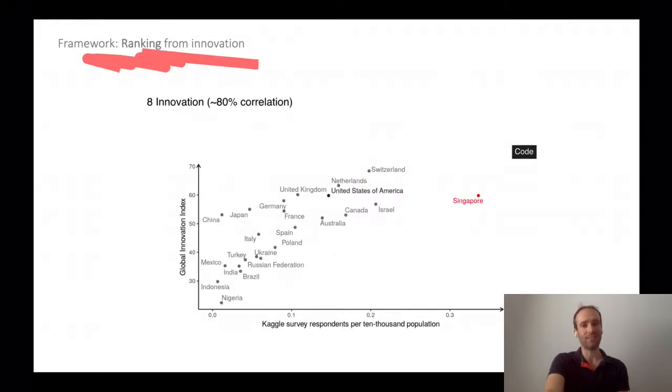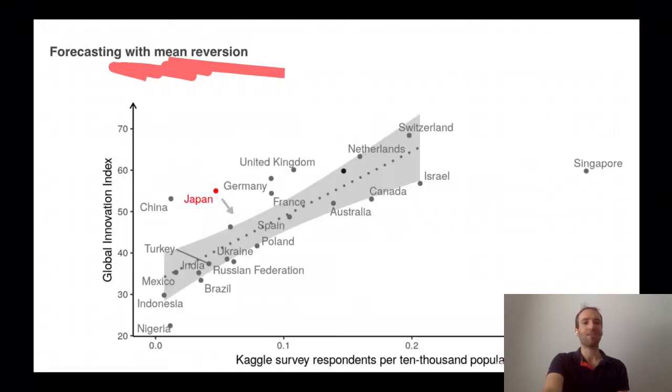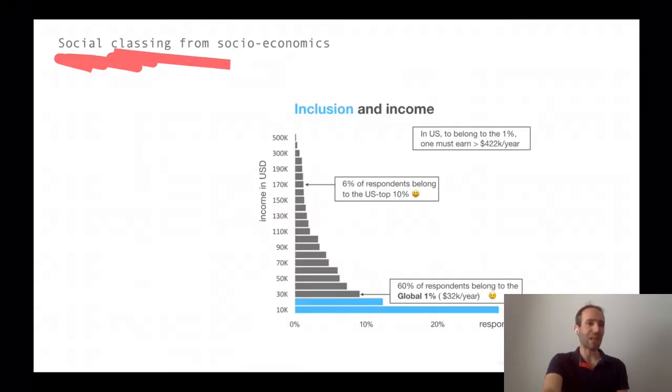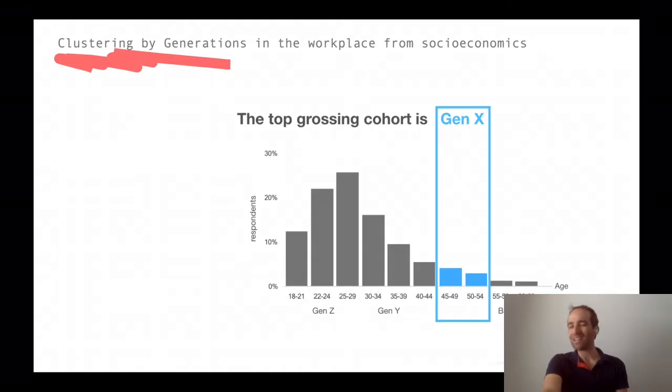We've seen ranking countries on a 2D space from innovation. We've seen forecasting with mean reversion. It's another thinking framework. We have seen social classing with the inclusion and income chart. And we have seen clustering by using generations in the workplace from socioeconomics again.